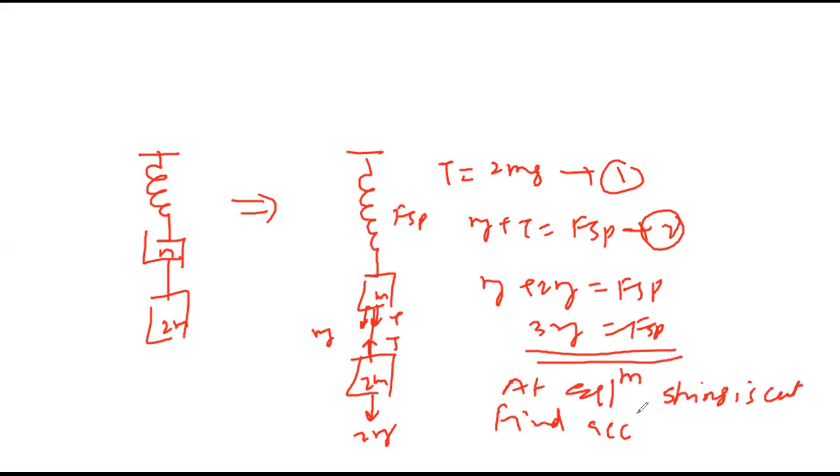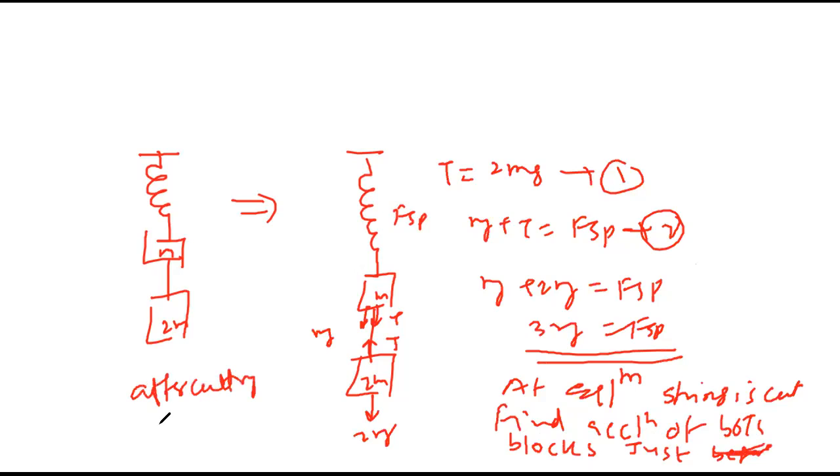Find the acceleration of both blocks just before and just after cutting the string. So we cut this by scissors. So just after cutting, what will be the acceleration in each block? Write the question.